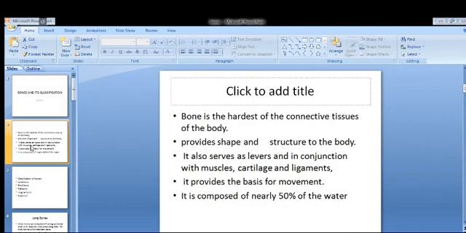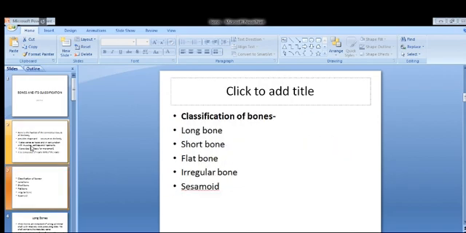This provides the basis for any kind of movement. And when we look into the structure of the bone, we'll find approximately 50% of it is water, right?